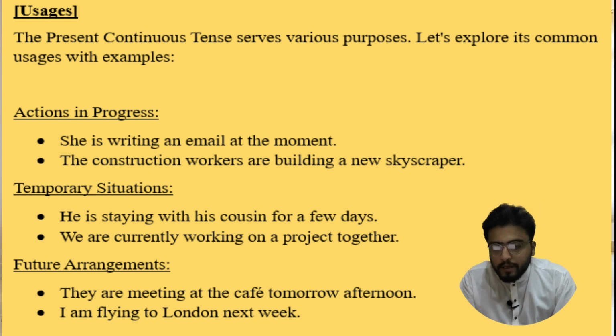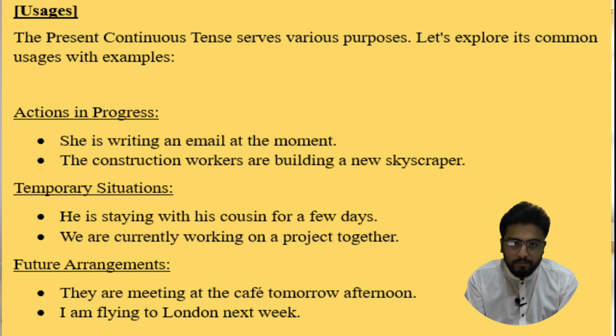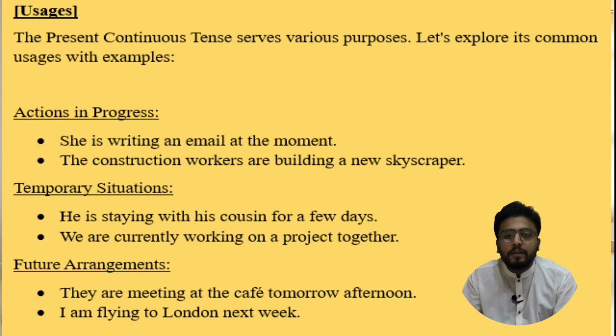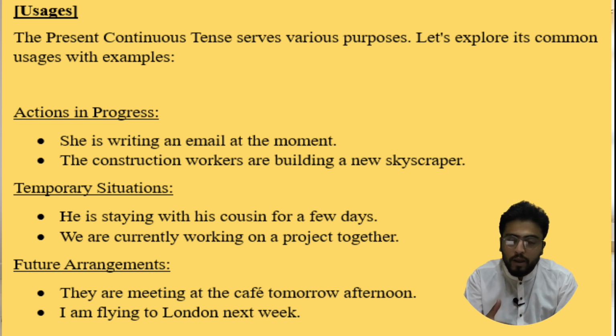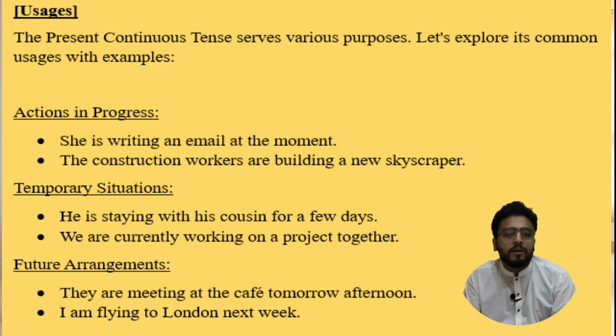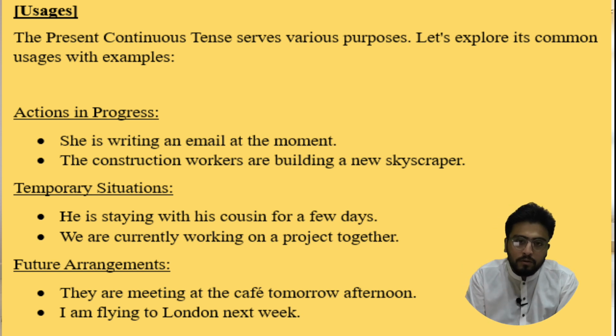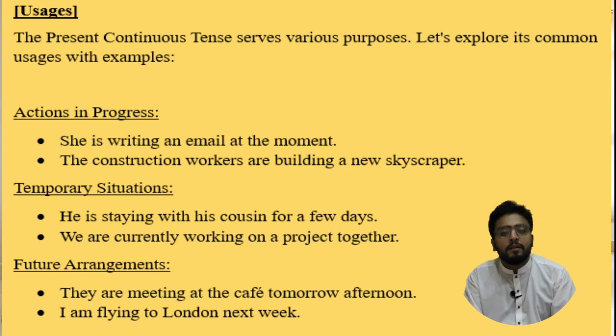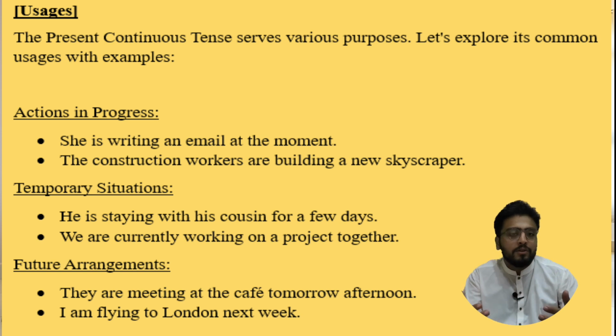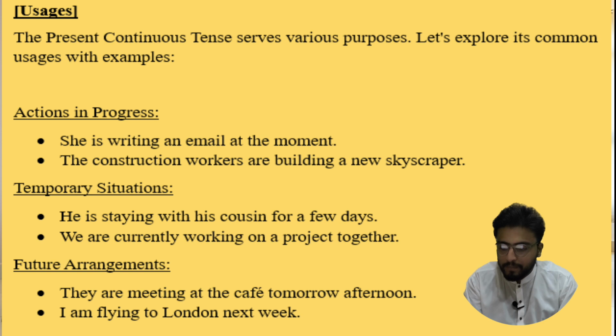She is writing an email at the moment. It means that someone, a lady or female, is writing an email right now and we can see her. Or we have this idea in the mind that my friend or she, a pronoun, is writing an email to principal, to manager, etc. But she is writing now.